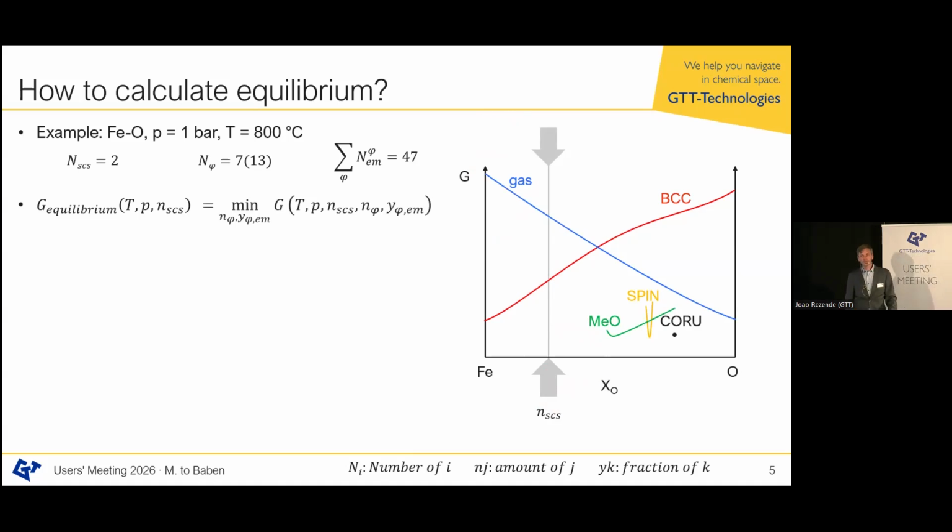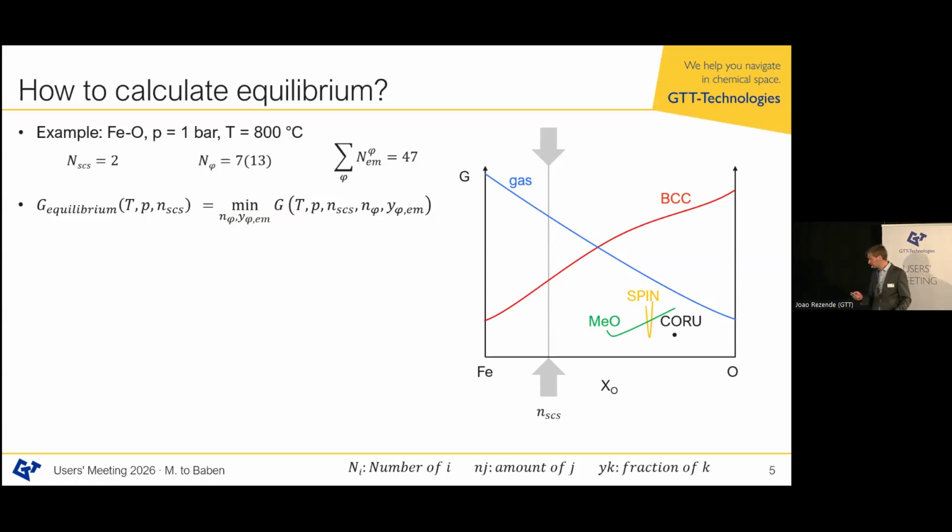And in order to calculate that number, we have to go through a minimization problem where we are changing in the Gibbs energy minimizer the amount of the different phases phi. So phi here going from the gas to BCC, MEO, spinel, and so on and so forth. And also the fraction for each phase, the fraction of the different end member species, or the different end members.